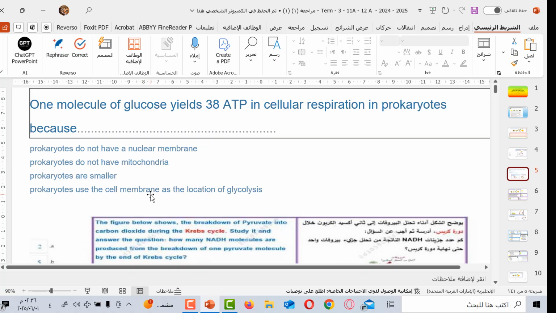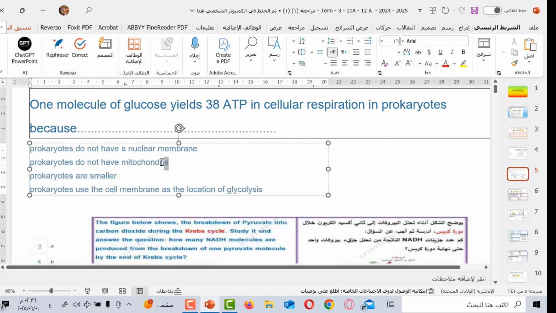Prokaryotes use the cell membrane as the location of glycolysis, which is true. The true one is this one. Prokaryotes don't have mitochondria, because it makes the cellular respiration happen at the cell membrane. Okay, let us go and see again.